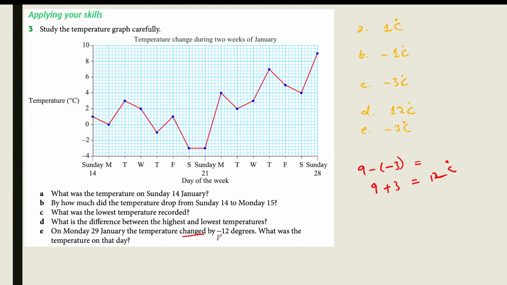Again, it's a directed number, so it means there is a drop in the temperature, and the drop is by 12 degrees. What was the temperature on that day? How do we find that? The highest temperature on Sunday 28th was 9.